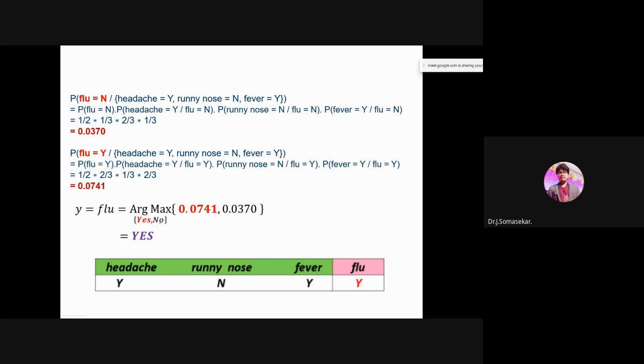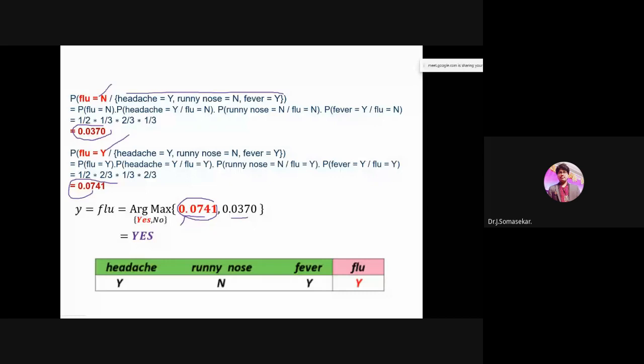Now we will see the explanation. You can see here, we have calculated flu no based on the symptoms given, and that is called the condition. We got probability 0.03. We have to calculate these probabilities, and probability of flu yes is 0.07, which is more than flu no. Means 0.07 for yes, 0.03 for no. So out of this, the maximum probability is 0.07, which corresponds to which class?